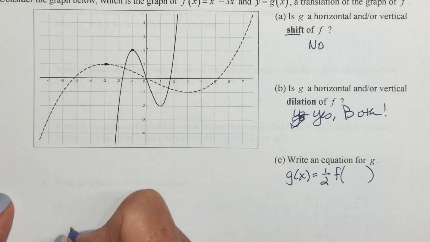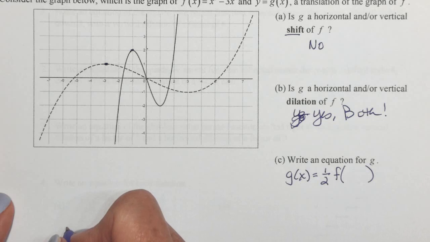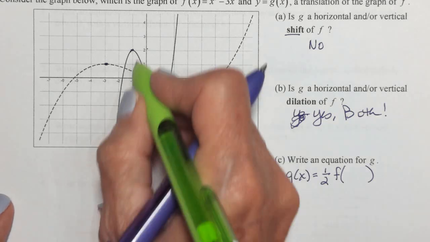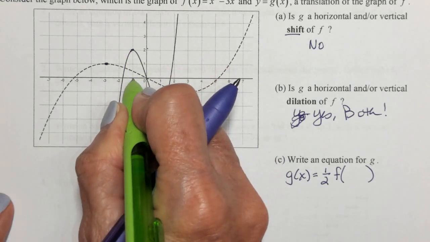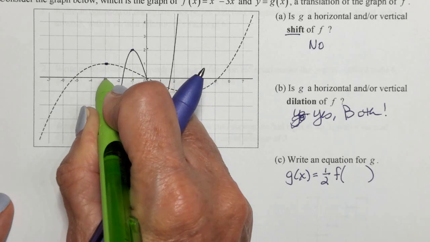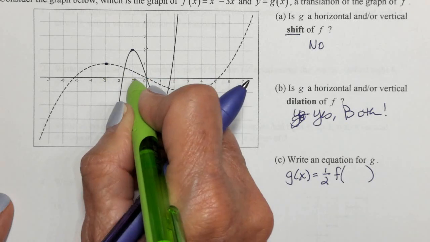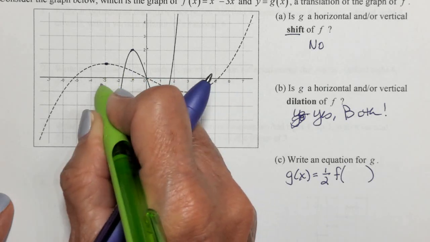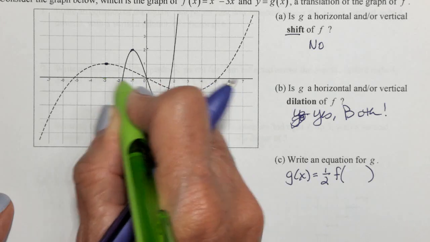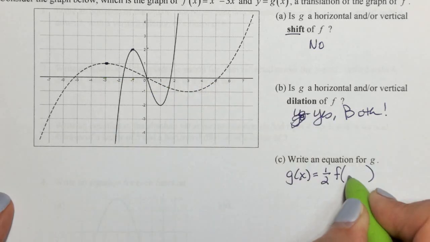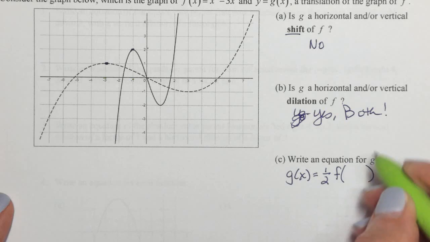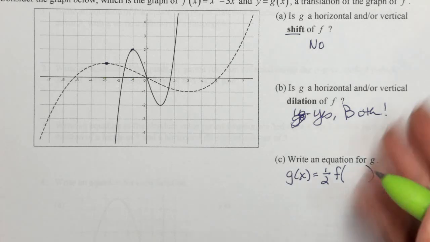Okay? Now what did we do to the x's? I was here when x was -1. Now I'm at x is -3. So what do you multiply -1 by to get -3? Well, you multiply by 3. So what do I need to put in front of the x? Not 3, because that would be a compression.